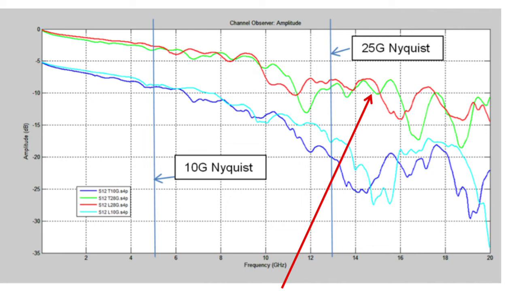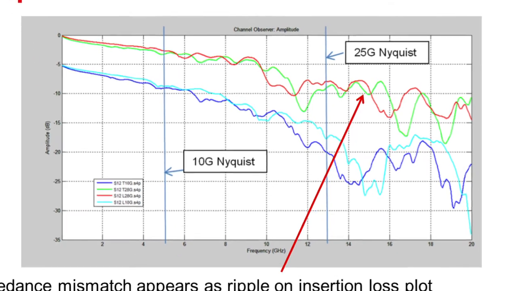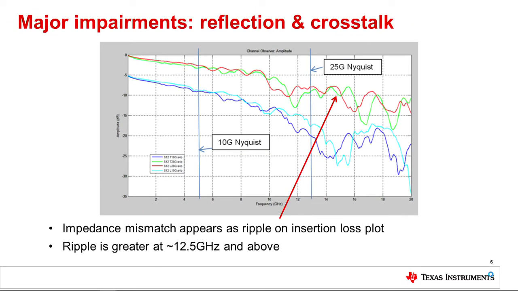The second observation is the presence of ripple at higher frequencies. These effects stem from parasitic effects, like parasitic capacitance or inductance, that become more prevalent at these higher frequencies. The observation of these effects on the insertion loss plot often correlates with the occurrence of reflections and crosstalk at higher frequencies.